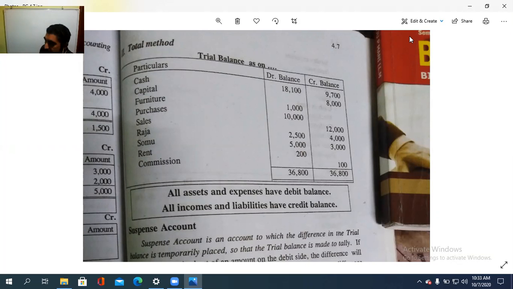Those assets and expenses, debit balance is there. Assure that it is to be put on their debit side. And also the income, the sales, where the balance is on the credit side. So the credit balance, so that it is assuring you that it will come on the credit side of the trial balance.